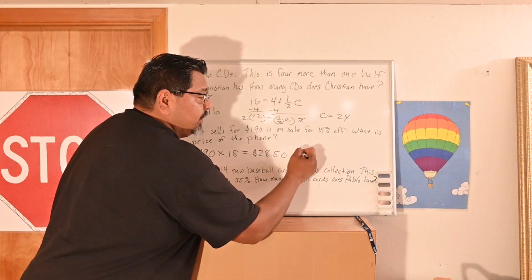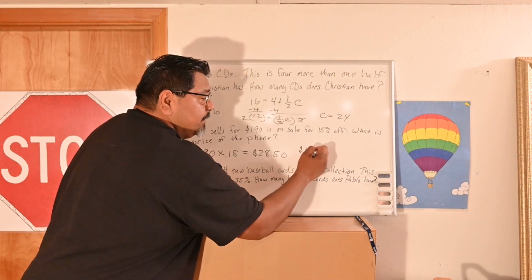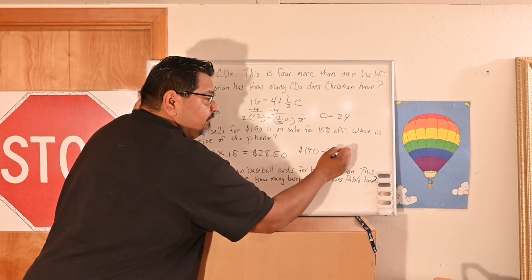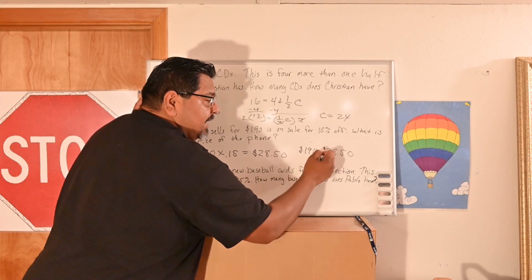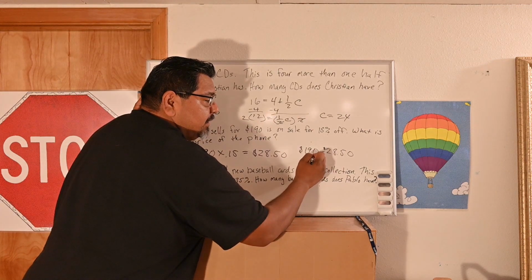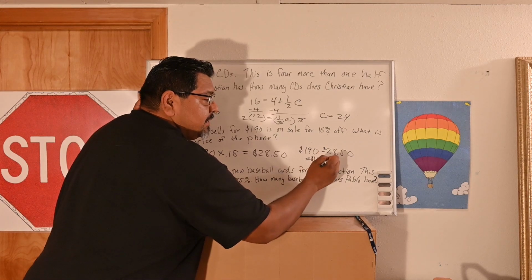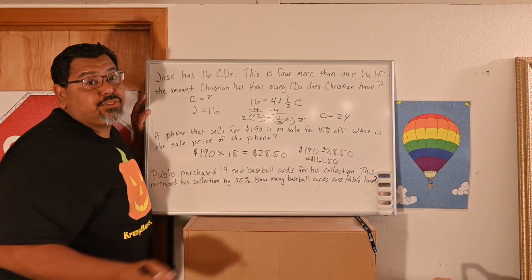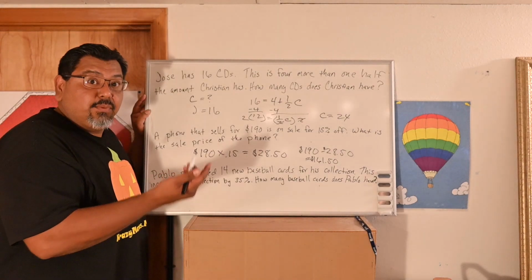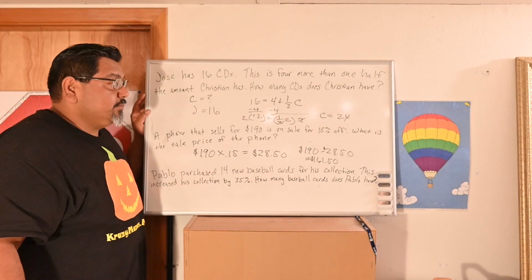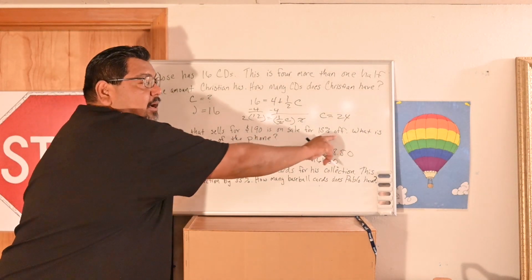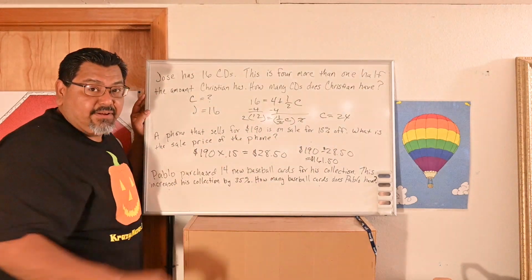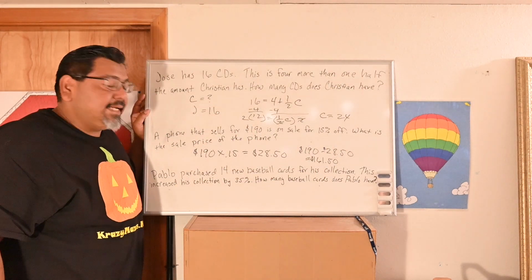So at this point, we're going to look at 190 minus $28.50, and that gets us a total price of $161.50. So that's what you're going to be paying at the register. So recognize sale, off, we're subtracting whatever we found out, 15% of the 190.